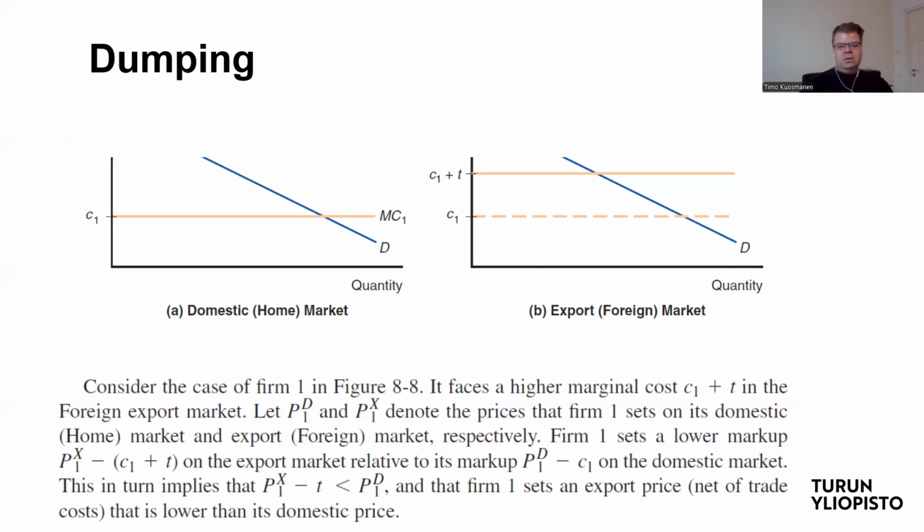So competition in the export market can imply that the exporting firm can charge a lower price margin. So it needs to set a lower price to be able to compete.